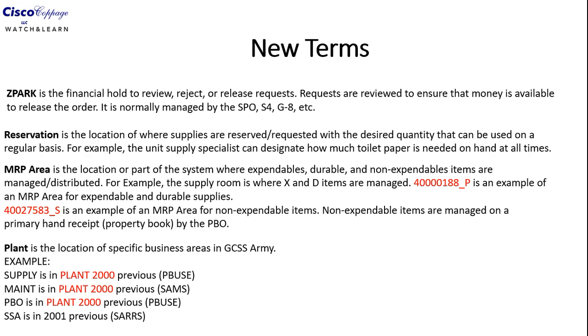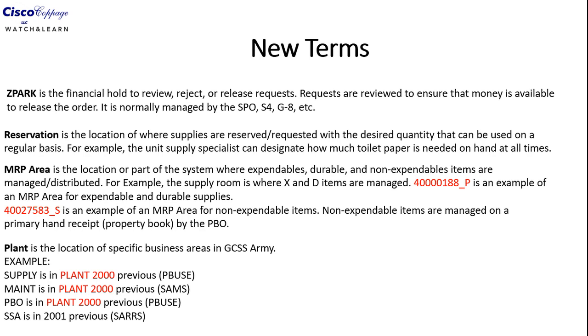The third new term is MRP Area. MRP Area is the location or part of the system where expendables, durables, and non-expendable items are managed or distributed.